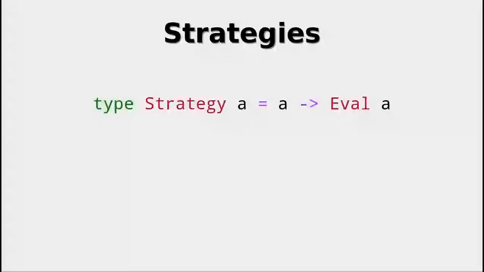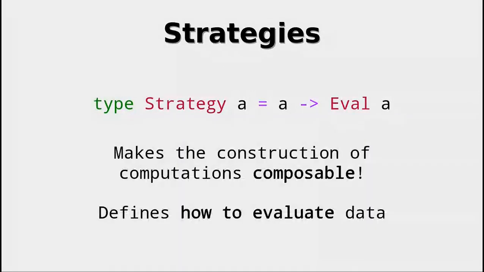And that's why we have this very simple type, which is a strategy. It takes some value A, and then, well, it's basically a function pointing to some Eval monad. And since we know that functions can be composed, of course, this makes it possible to compose the creation of an Eval.